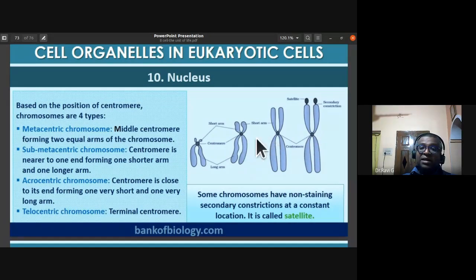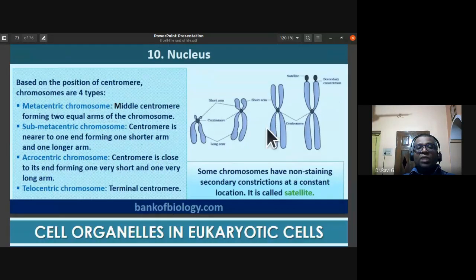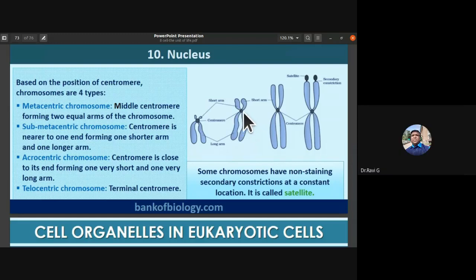In the submetacentric, the centromere is a little away from the center, nearer to one end, forming one shorter arm and one longer arm.